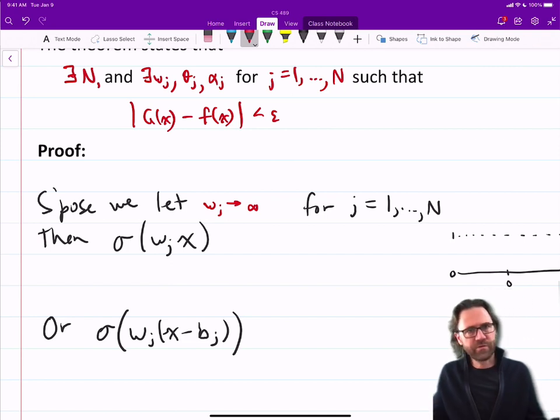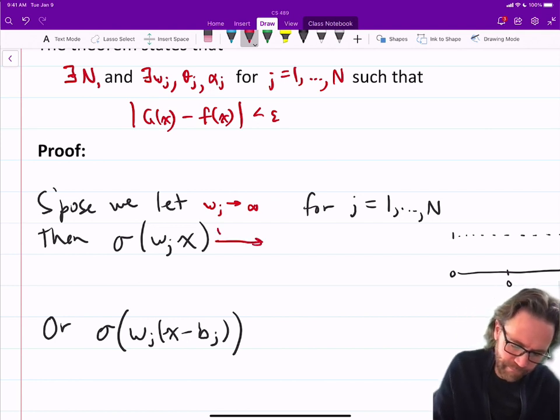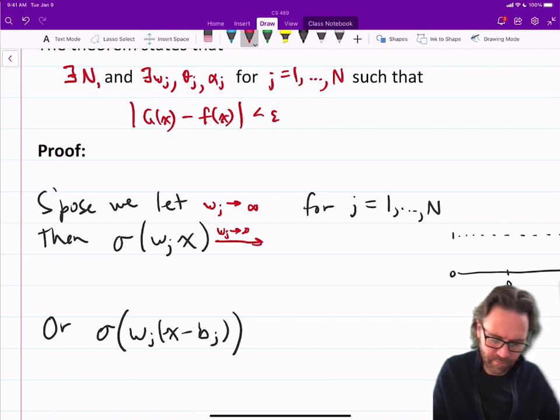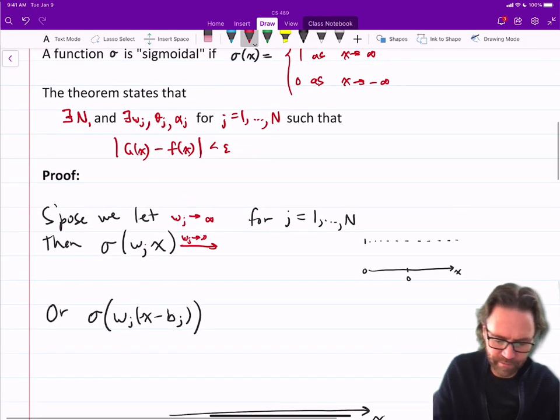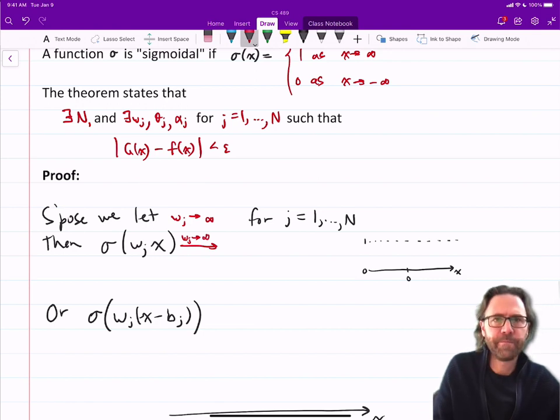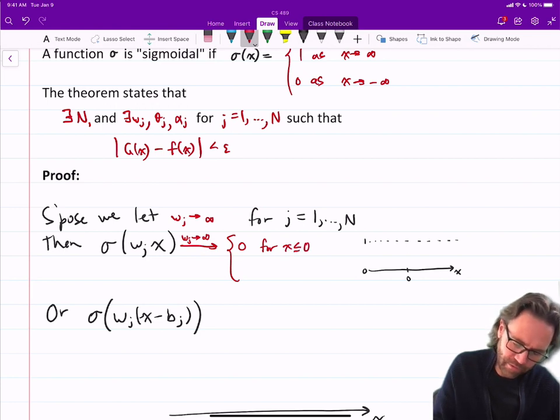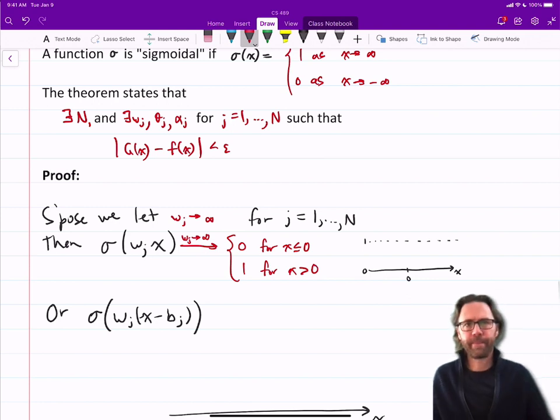So a logistic function or any of these sigmoidal functions, if you let the w go to infinity, then we get 0 for x less than or equal to 0, and then we get 1 for x greater than 0.